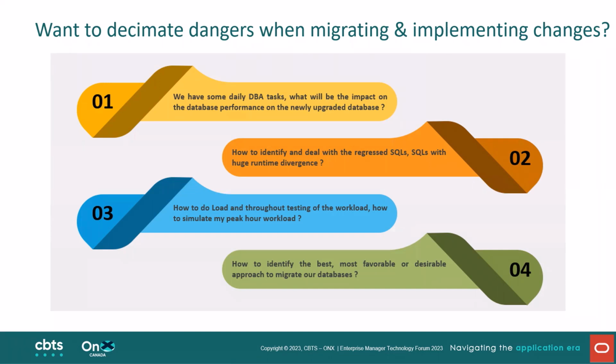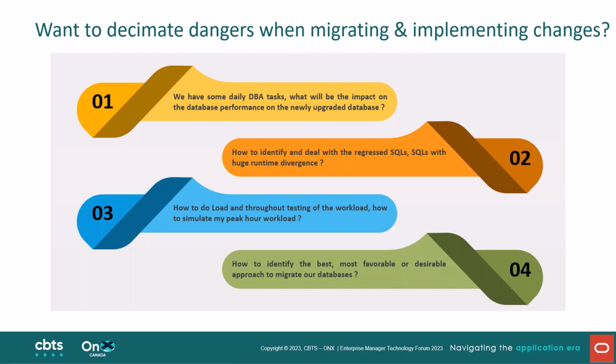And it usually takes 15 minutes to complete that run. So they're afraid of moving that particular workload to this new system because they don't want to hear that the job has now started taking 20 minutes or 30 minutes, or whatever the benchmark is. So they're always afraid of that huge runtime divergence, and what will happen to the SQL workload.